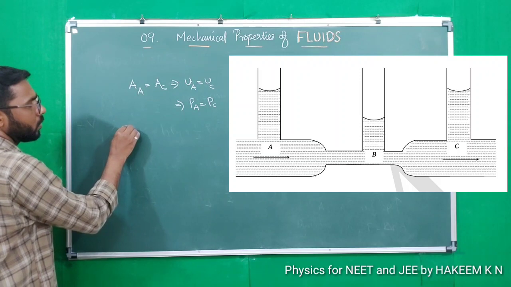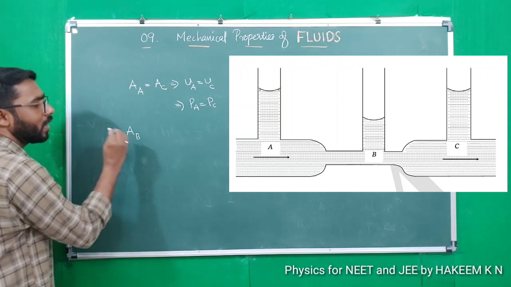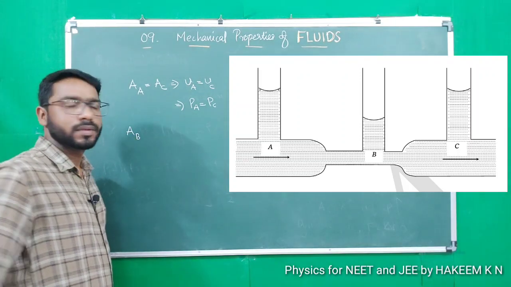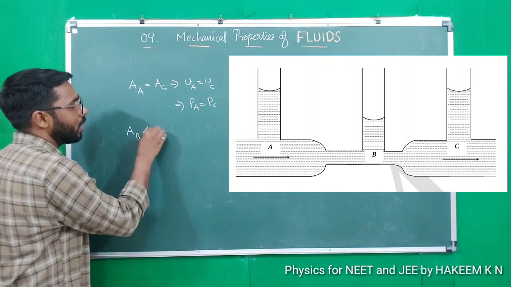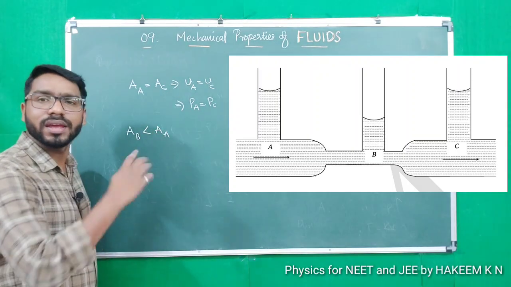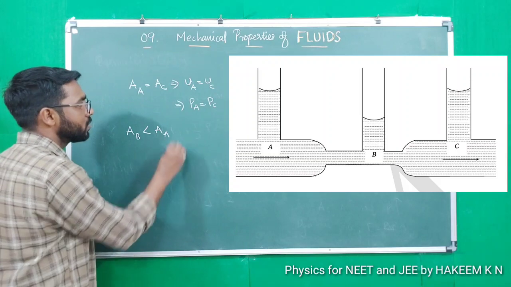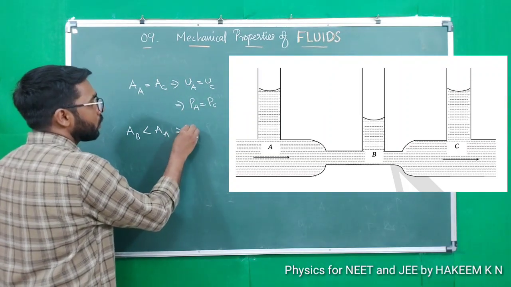Now, what about B? Area at B is less than area at A or C, which are the same.